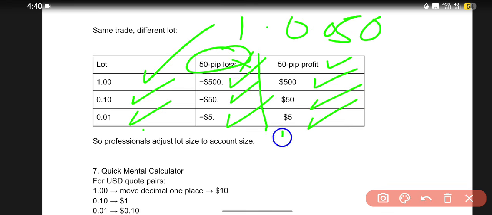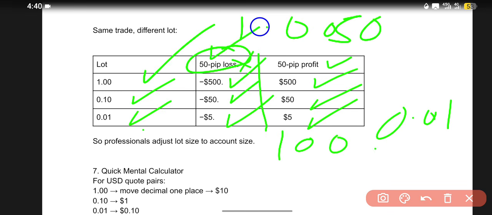So in this case, with the $100 account, the trader is allowed to use only 0.01, because with the 0.01 it is safe. 50 points is not a small movement, it's a large movement, but you are losing $5. So that is why it is safe for beginners or even pro traders to use small lot sizes.